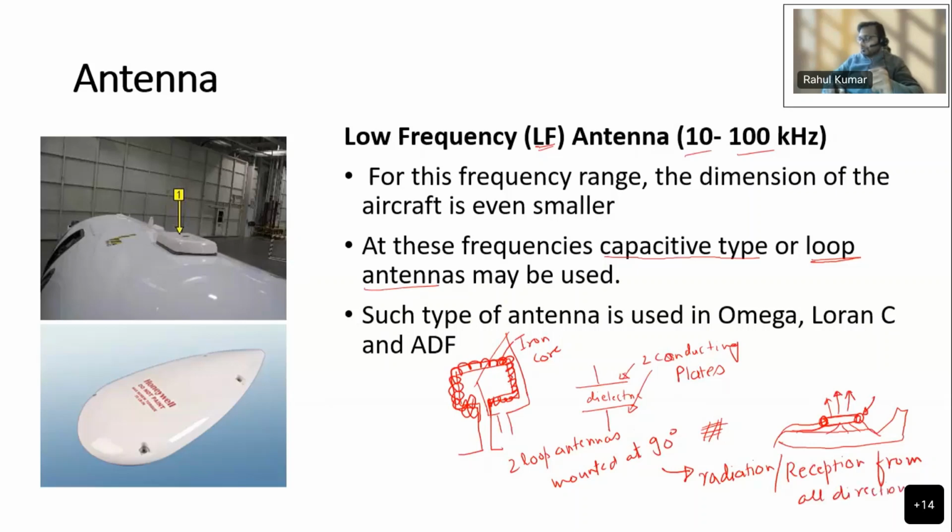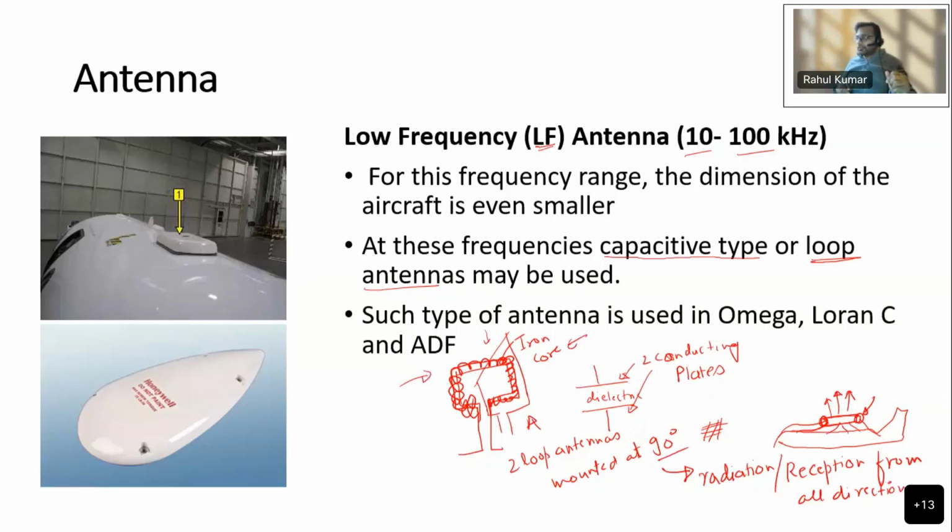The same antenna is used for reception also, so you can mount two loop antennas at right angle, and this will allow radiations from all directions to be received by the loop antenna.